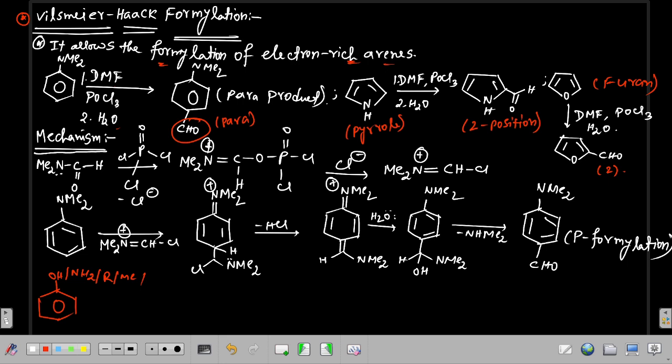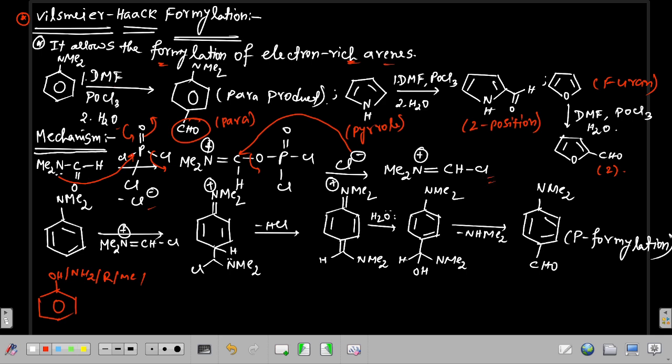This is DMF. In the DMF, nitrogen has a lone pair. This lone pair will attack the phosphorus, and this bond will delocalize, which leads to the removal of chloride. Next step, we have chloride in the system. This chloride will attack the carbon, which leads to the removal of the whole phosphorus species.